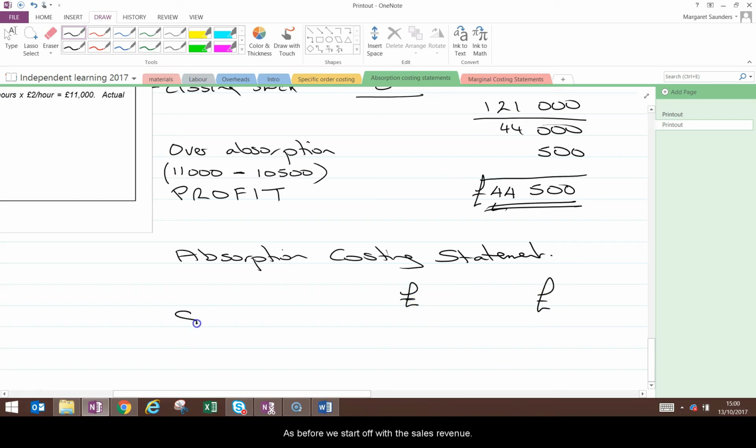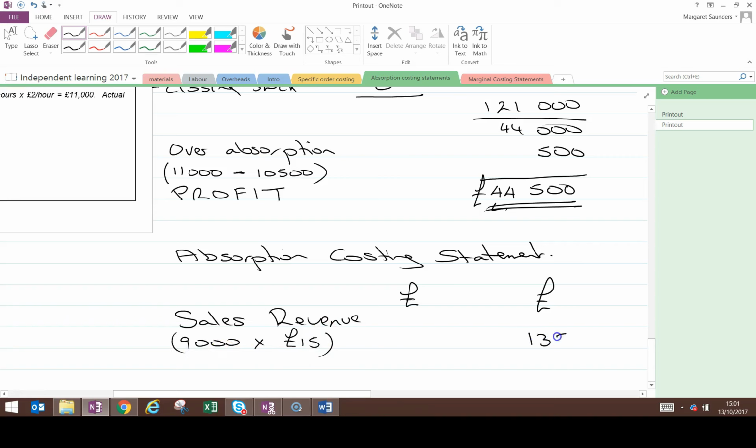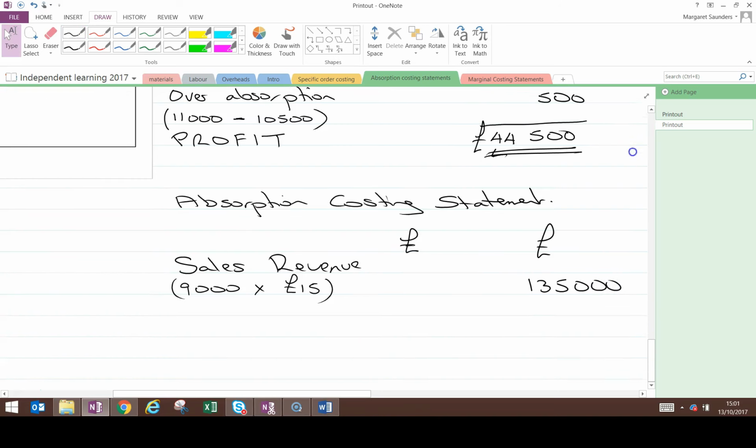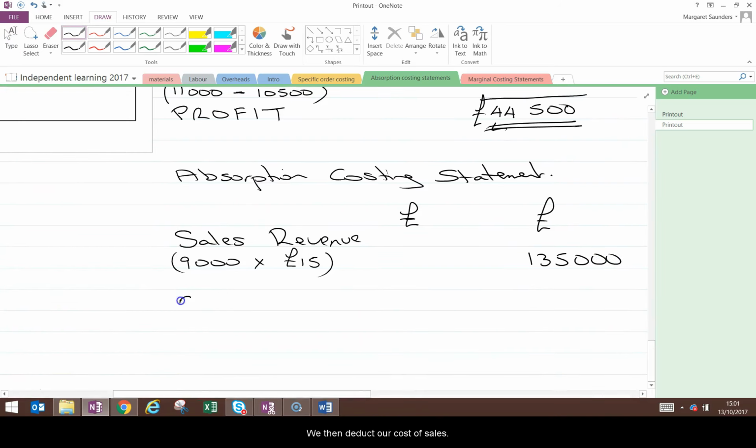So as before, we start off with the sales revenue. Now we only sold 9,000. And the selling price was £15. We then deduct our cost of sales.